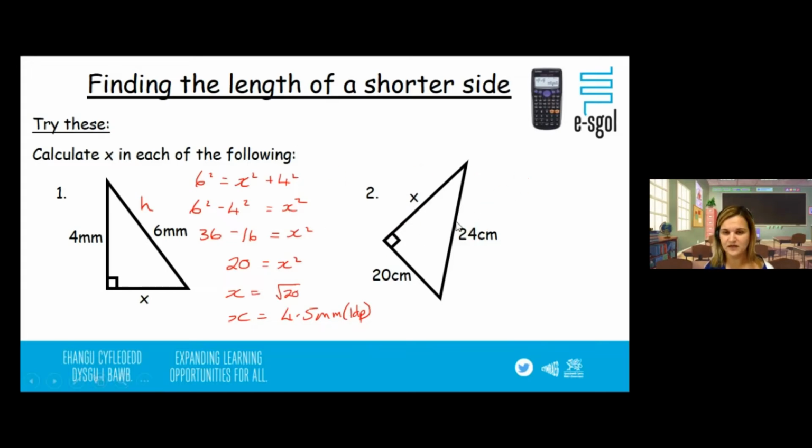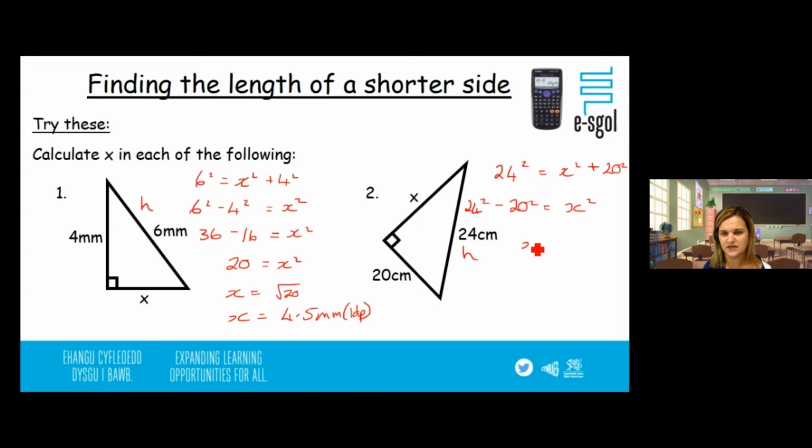Over on the right-hand side, question 2, your hypotenuse is the 24. This is the one that's opposite your right angle and is your longer side. That's the side that should be on its own in Pythagoras' theorem. Giving you the first line of 24 squared is equal to x squared, add 20 squared. You're going to subtract 20 squared from both sides. So we now have 24 squared, take away 20 squared, is equal to x squared.